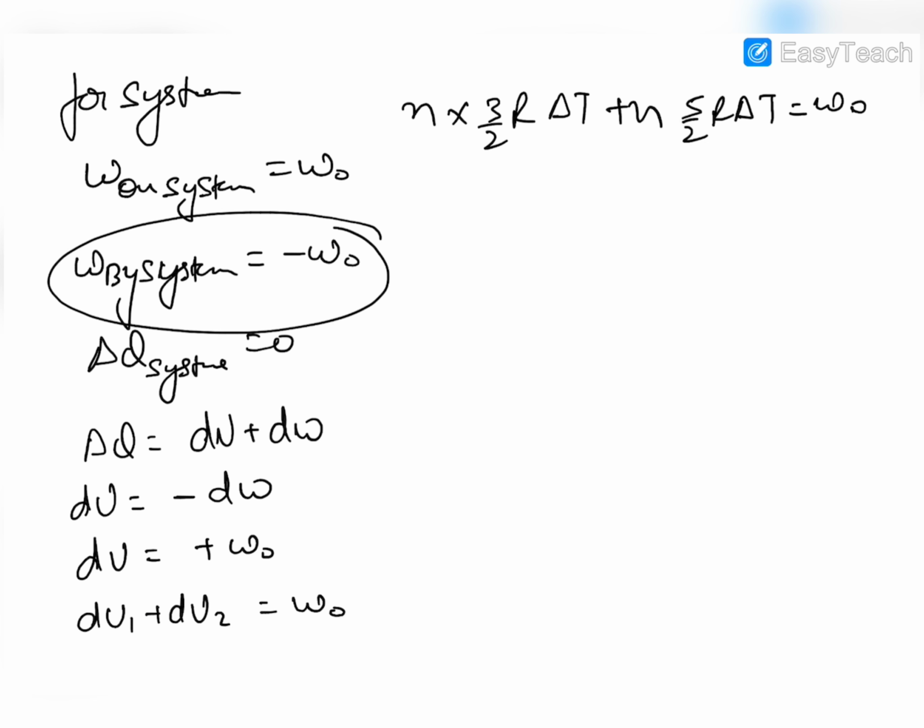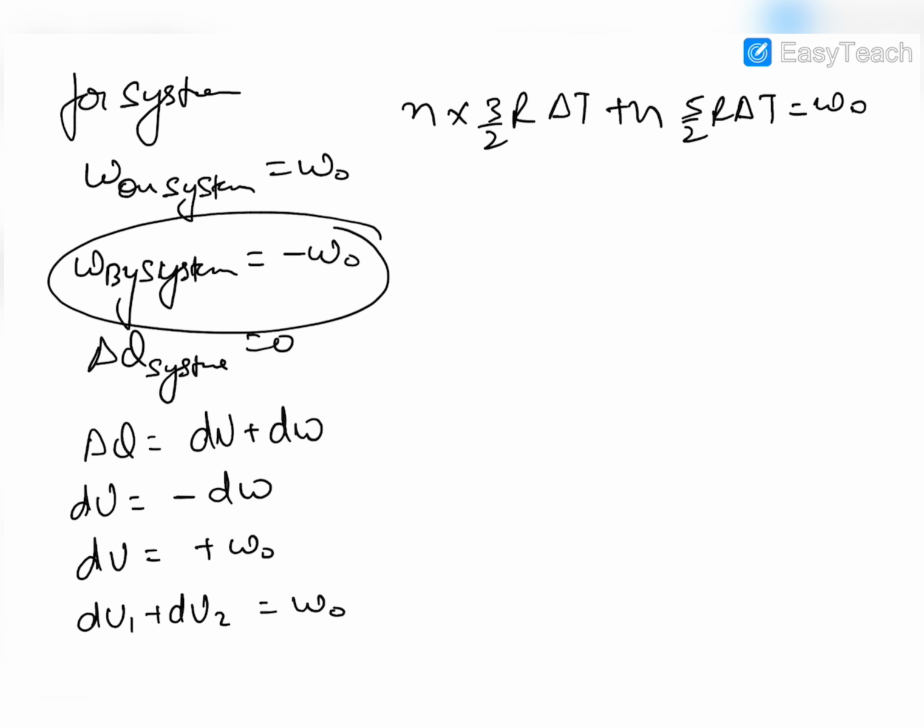We can easily assume that the temperature change of the gases will be the same, because finally when the equilibrium is reached, the heat exchange between the gases will cease, and therefore the gases will be in thermal equilibrium at all points of time.